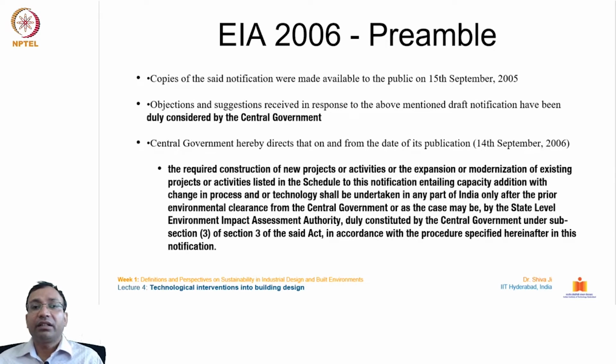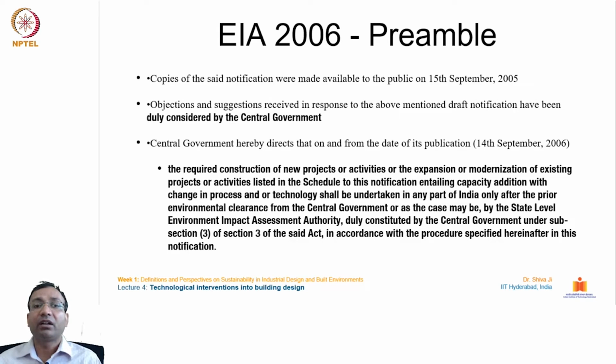So if you see the EIA 2006 preamble, what it says is that the copies of the said notification were made available to the public on 15th September 2005. The standard practice in such activities is to involve stakeholders, and the major stakeholder in any such environmental activity is the public itself, because all of these developmental activities are for the public and for their benefit, and are largely supported by taxpayers' money, from the public's money.